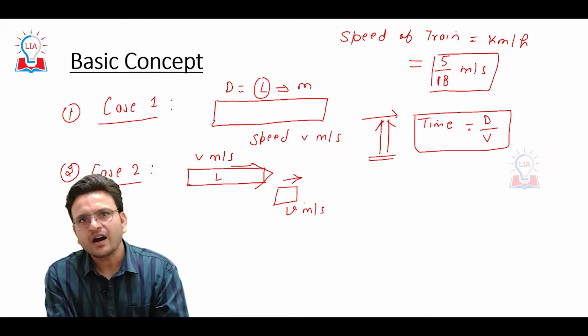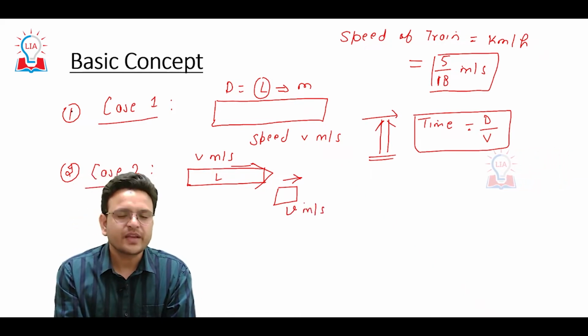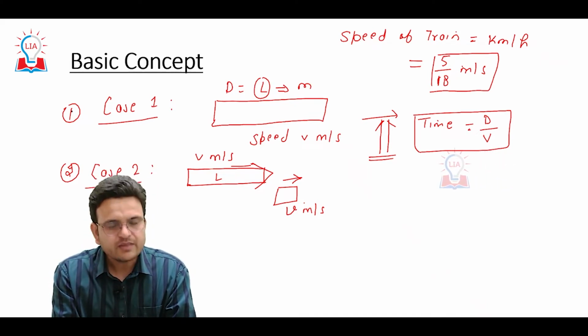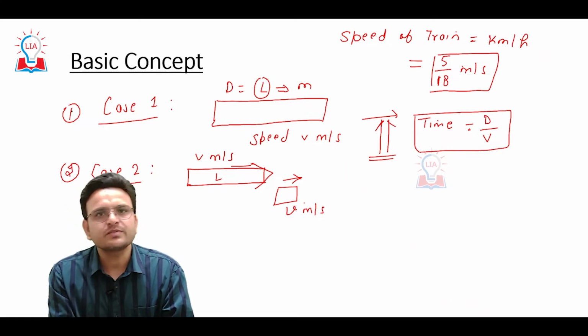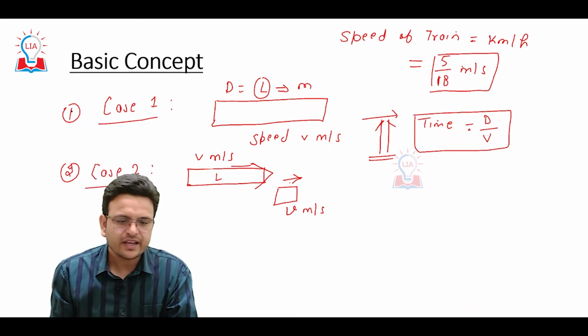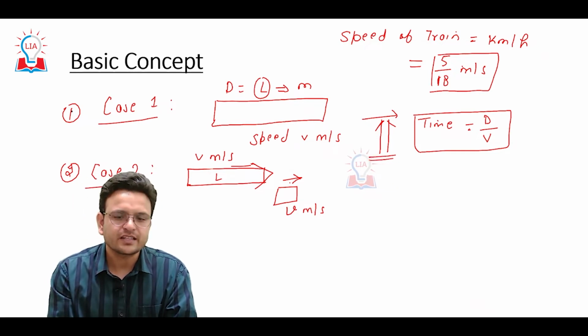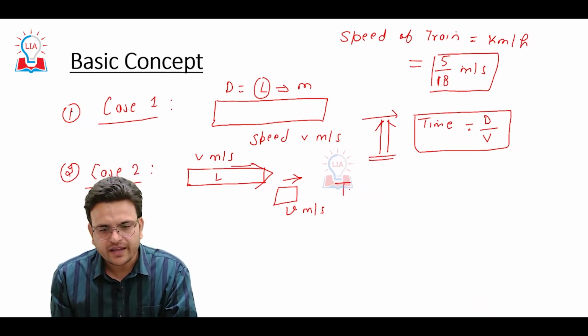Car length is negligible, we are not taking the length of the car. Then how much time will the train take to cross this car? When two bodies are moving in the same direction, we have to subtract the speeds. Then time taken by the train to cross the car will be L upon v minus u.